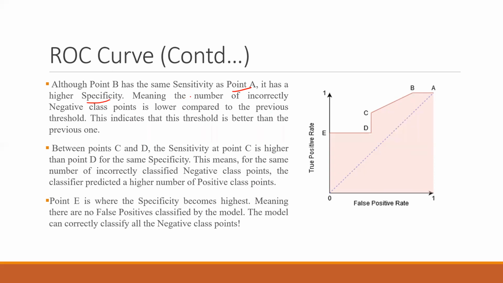Initially it was 0 for point A, but now it is higher. 0.2 is higher than 0. So the number of incorrectly negative classes is lower compared to the previous threshold. So now obviously if your specificity is higher compared to the previous one, this indicates that this threshold is better than the previous one.